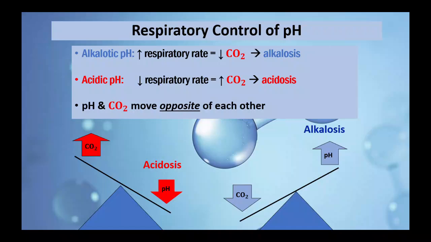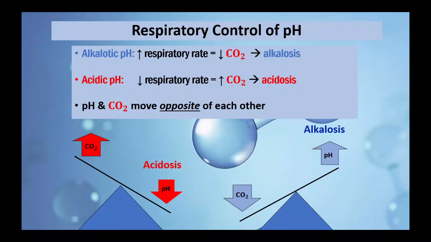Now, it doesn't necessarily have to only be decreased respiratory rate. It can also be decreased volume, and that will make that more clear as we talk about minute volume in the next portion of class. So remember this, pH and PCO2 move in the opposite direction of each other when it is a respiratory problem.